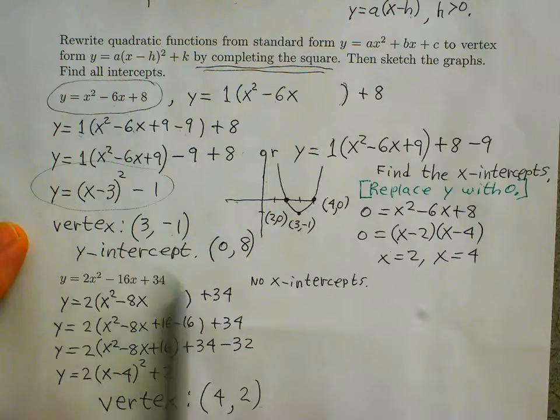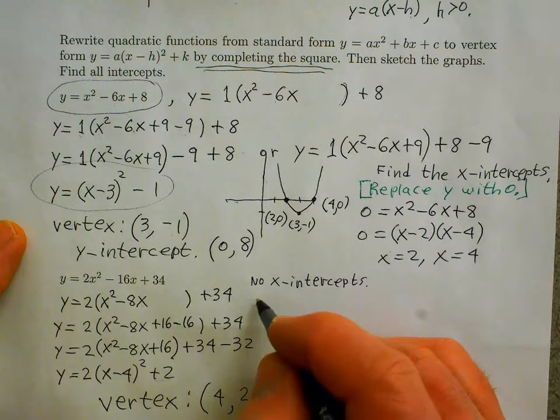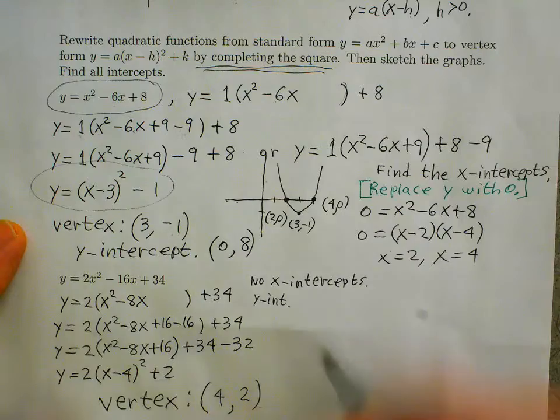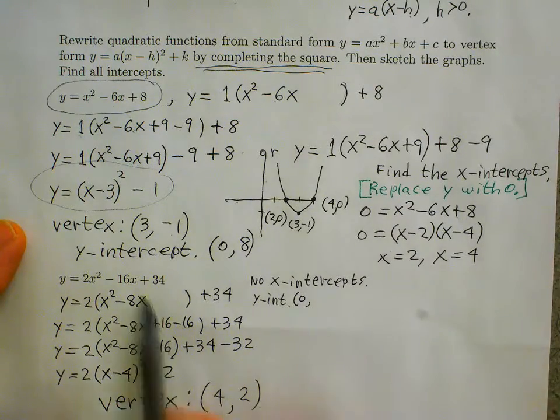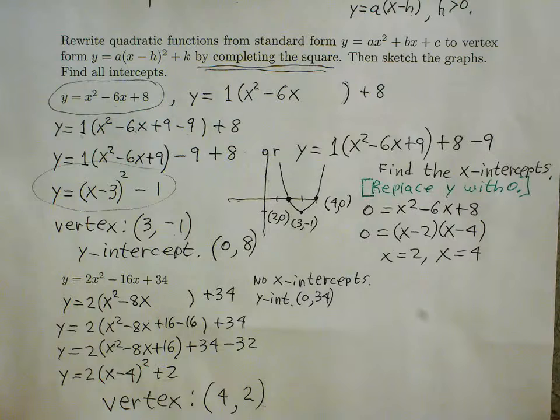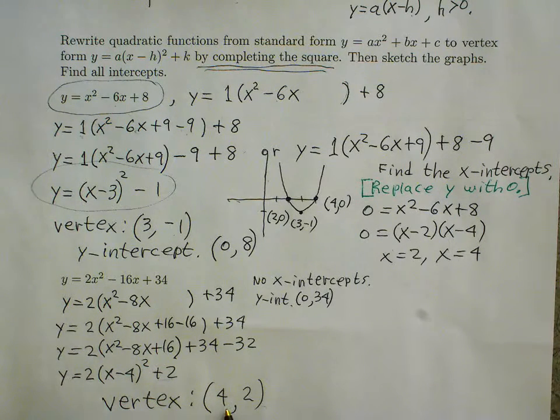Every quadratic function has a y-intercept. When x is 0, the y-coordinate is 34. Okay, so to get a graph, we should find a couple more points on the graph.